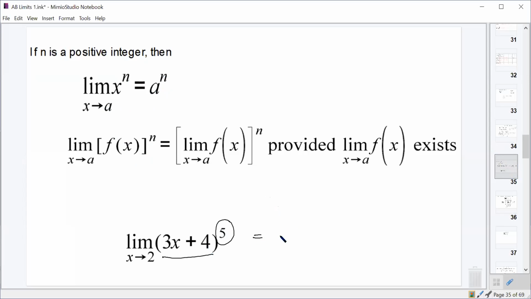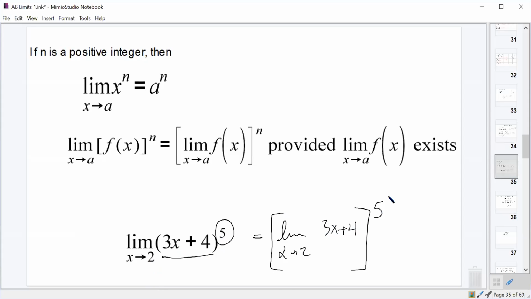I can, if I want to, rewrite this as the limit as x approaches 2 of 3x plus 4, get that answer, and then raise the whole thing to the 5th power. Now, obviously, in this particular instance, that's not super helpful, right? Plugging in 2 and then getting 10 to the 5th is pretty easy. It's just as easy as plugging in 2 here, getting 10, and then raising it to the 5th power. It's the same thing.